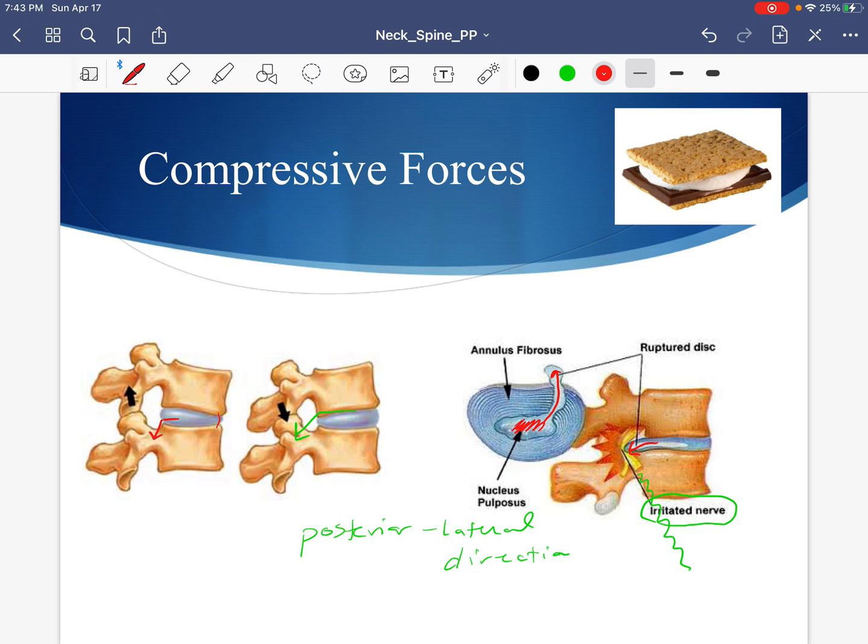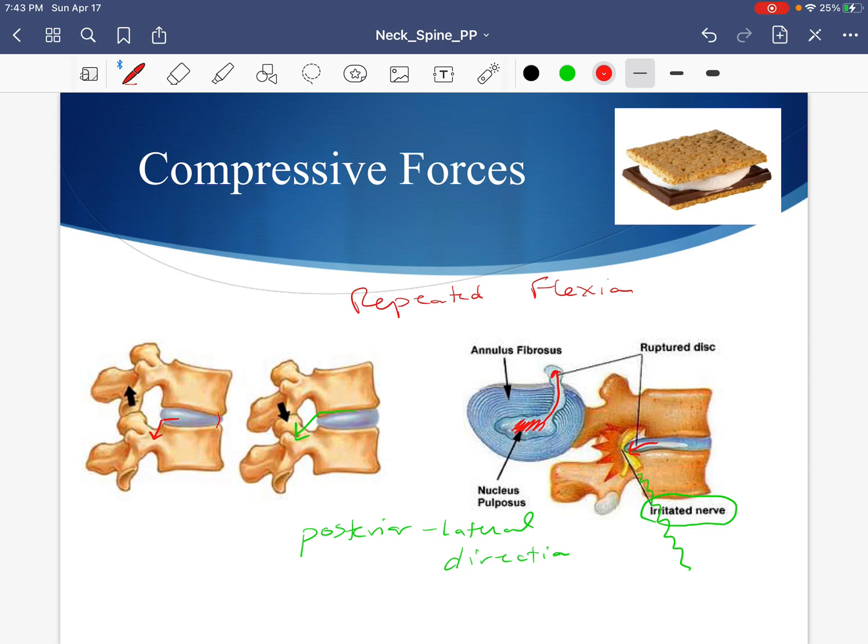The type of mechanism that is most likely to cause this is repeated flexion. Think about someone who works in a factory, some type of manual labor job where they are bending forward all the time, lifting things, bending forward, bending forward, bending forward.